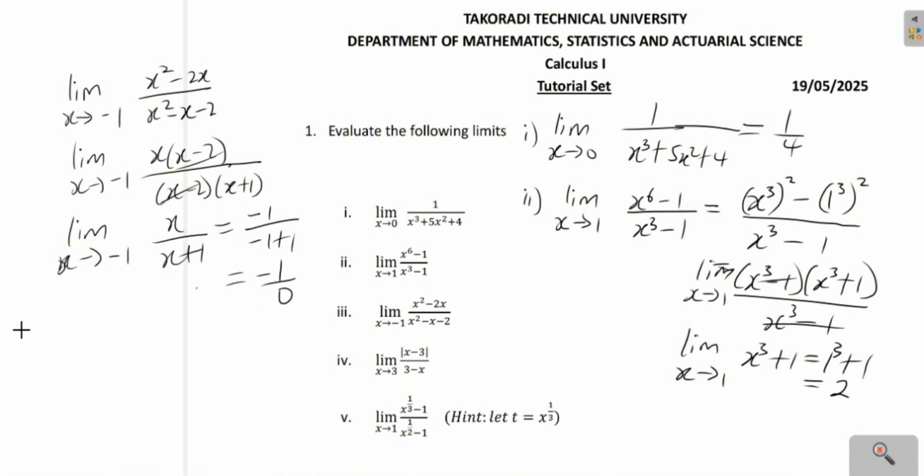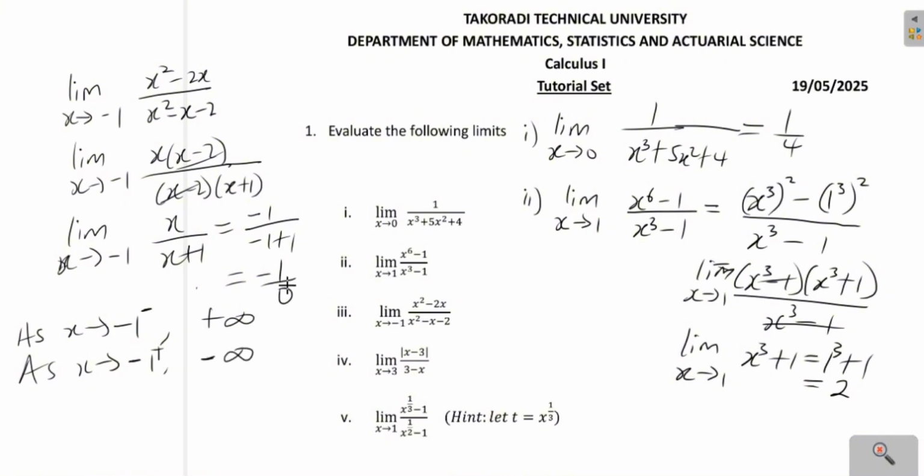But look at something. As x approaches negative 1 from the left, this expression goes to positive infinity. But as x approaches negative 1 from the right, the expression goes to negative infinity.